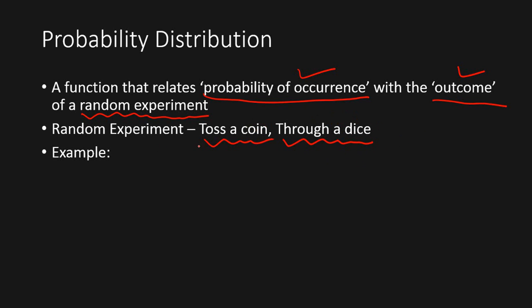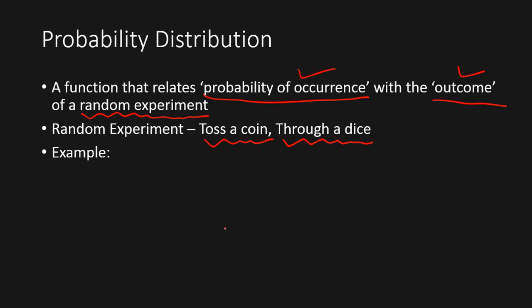So that's known as a random experiment. When we associate the outcome of that experiment with certain probability value, we call that distribution probability distribution. A function is specifically used to denote that relationship, so we call that function the probability distribution function.